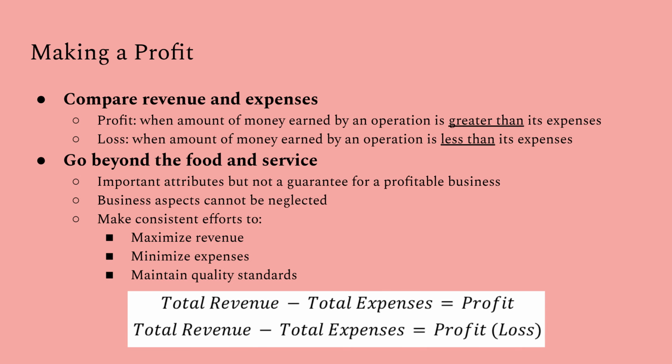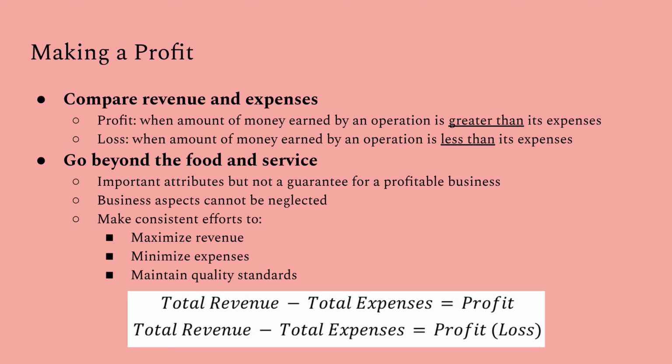So making a profit is always the goal in any business, but especially in our food service industry, because the margins on which we make money are very thin. So we really need to be smart when we're using our resources and keep the end goal in mind. When we are analyzing profit, we are comparing our revenue to our expenses.